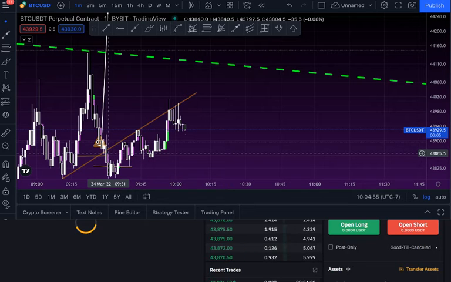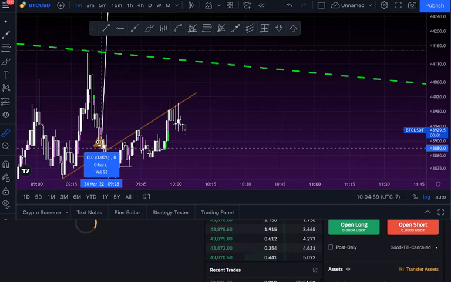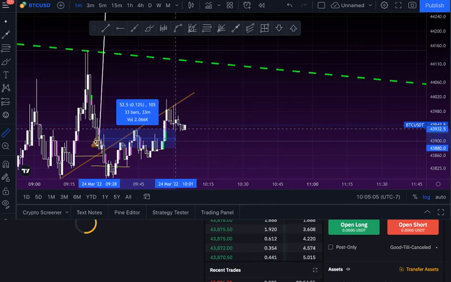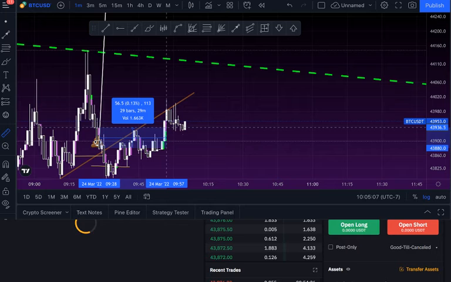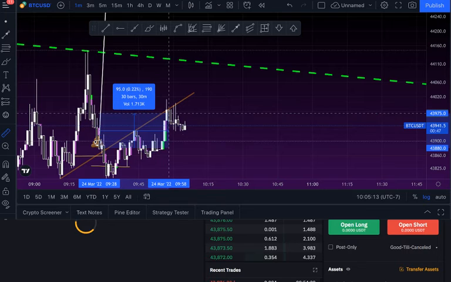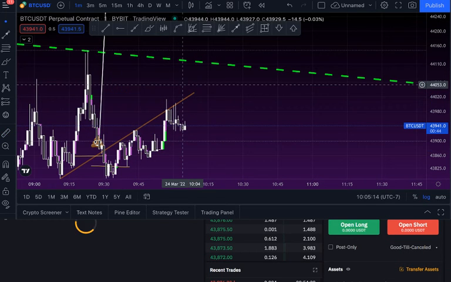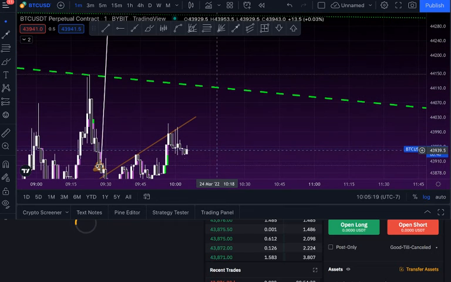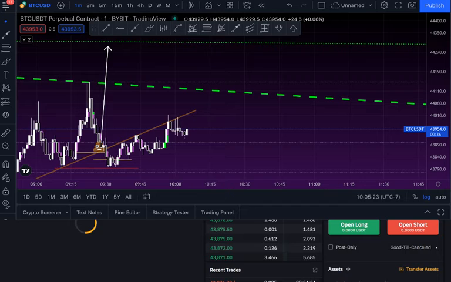Oh, right here. 29 minutes. So I think probably holding this position could have been a good move still. My original thesis really could have been right.